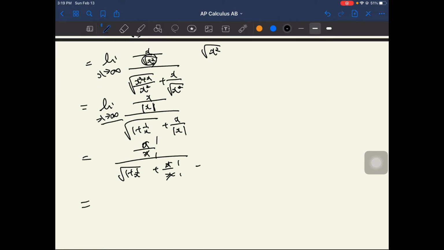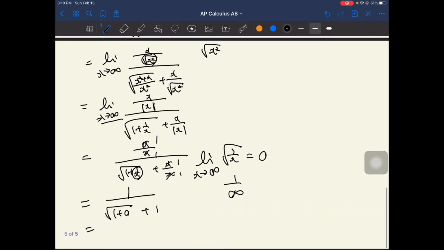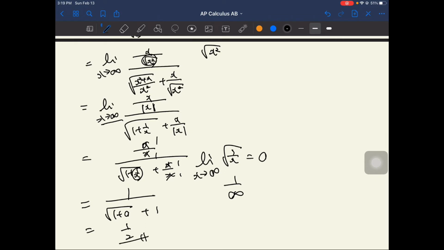Then of course, limit x approaches infinity, 1 over x is 0 because 1 over infinity is 0. So this is going to be 0. Then 1 over square root of 1 plus 0 plus 1, which is 1 over 2. This is the answer. It's a little bit complicated, but if you know how to solve it, I think it's going to be easy. Okay?